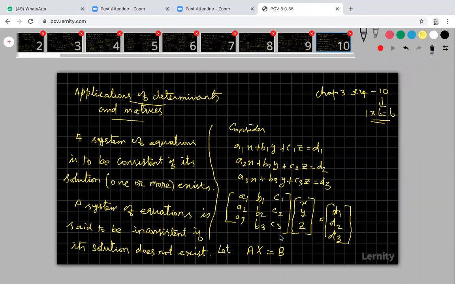Okay, right. Now this system may or may not have a solution. Sometimes it has one solution, sometimes many solutions, sometimes no solution. How do we find out?